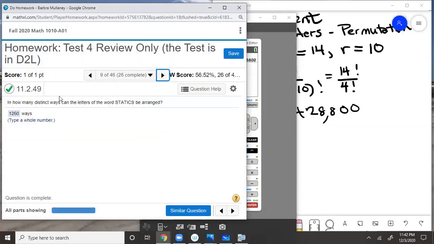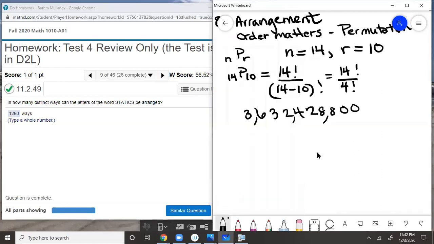So the next number, 9, how many distinct ways can the letters of the word statics be arranged? Okay, this is a permutation again. And the permutation of any 6 letters, or let's see, 1, 2, 3, 4, 5, 6, that looks like 7 letters.